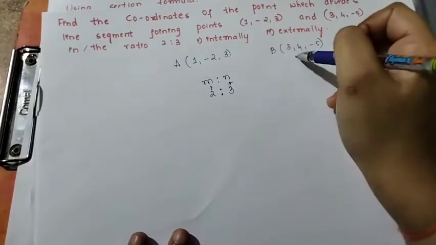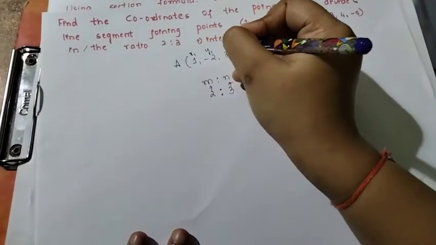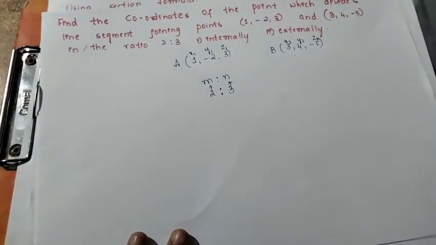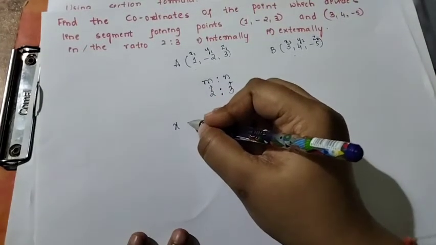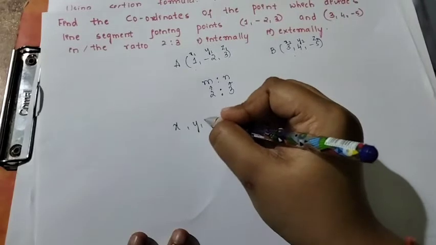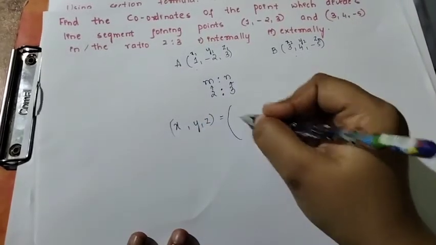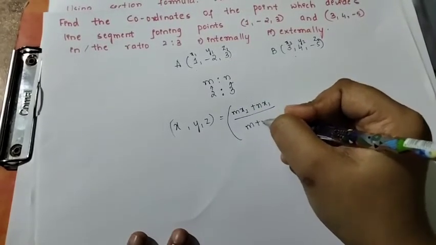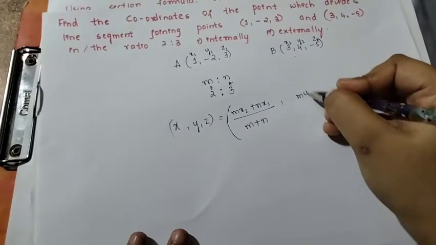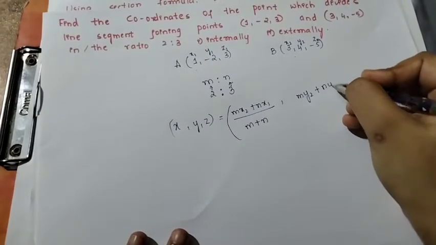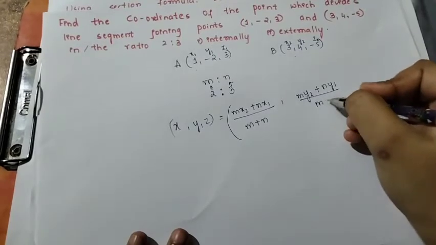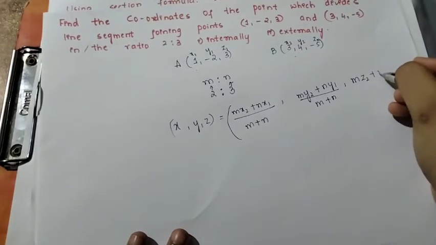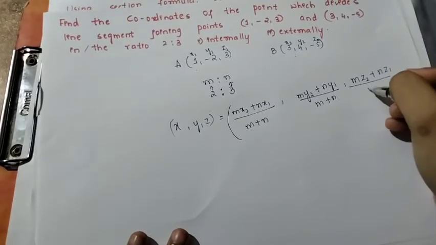This is just like P and Q. This will be x1, y1, z1, and this will be x2, y2, z2. Okay, first x coordinate, y coordinate and z coordinate I have to find. So what is the formula? mx2 plus nx1 divided by m plus n, then my2 plus ny1 divided by m plus n, then mz2 plus nz1 divided by m plus n.